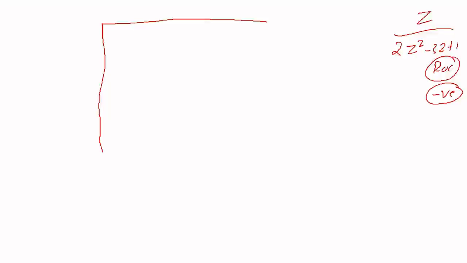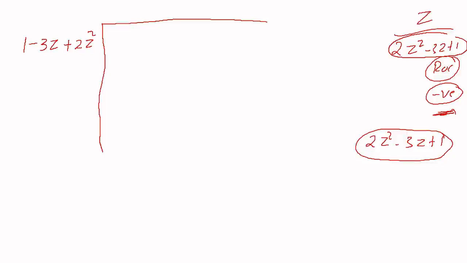So if it is a negative time sequence, write this equation like this, where the powers should increase as you write. It is the same, 2z square minus 3z plus 1, but I am not writing it in the usual order.